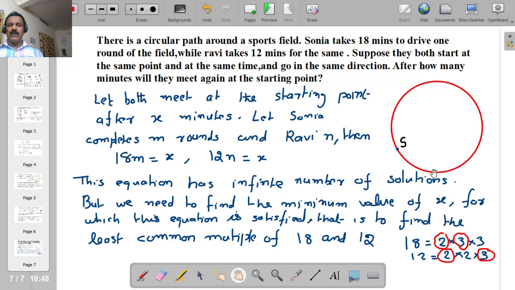Suppose Sonia has completed M rounds by the time they meet again at the starting point, because reaching the starting point again means completing one full round. So let Sonia complete M rounds when they meet each other. Let Ravi complete N rounds when they meet each other.